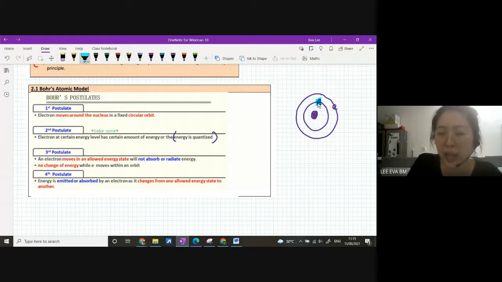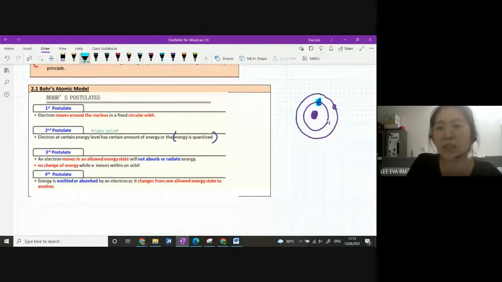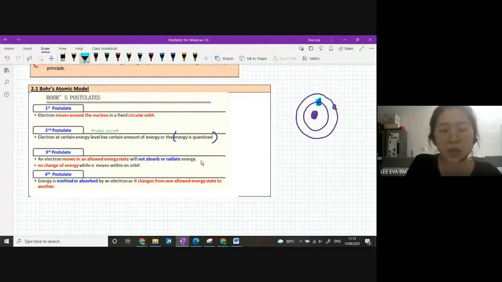So whatever energy we have within that energy level is fixed. So it's still related to our second postulate. So kalau dia tak bergerak mana-mana, energy tetap sama. So tak ada energy yang diabsorb ataupun radiate. So in another sentence, we can say no energy change when the electron is moving in the same energy level.